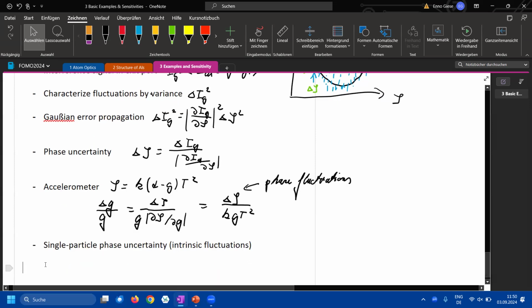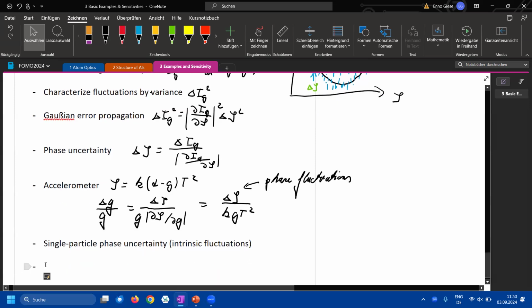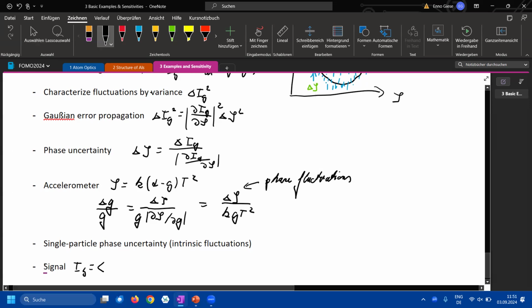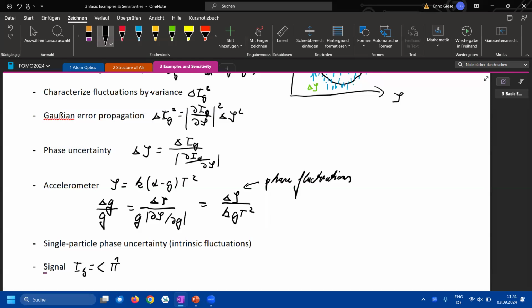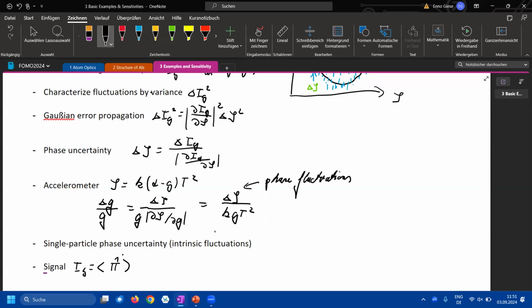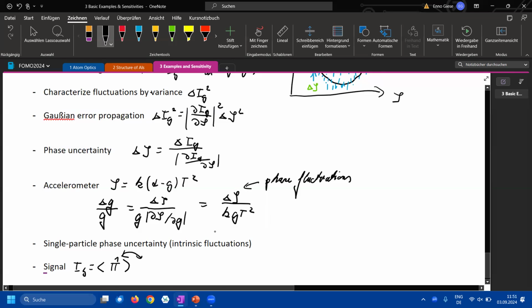Now, how do we calculate those? Okay, we have our signal, and we observe that the signal is just the expectation value. So I_G is just the expectation value of some type of projector onto an exit port. This is the projector that we use to define the exit port.